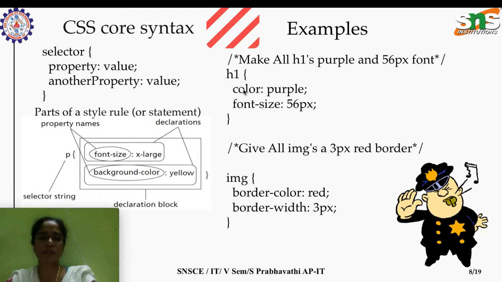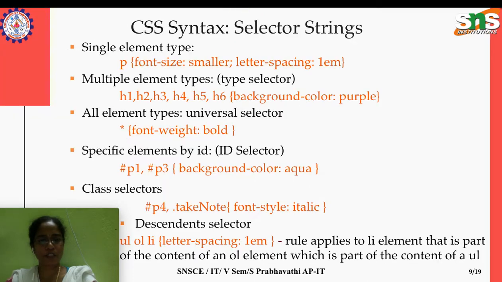Only by experience will you learn the property names and their respective values. For simplicity we have given two property names, color and font size, and their values. You go and explore this in your text editor. And one more example, img, the image element whose border color is red and border width is 3 pixels.